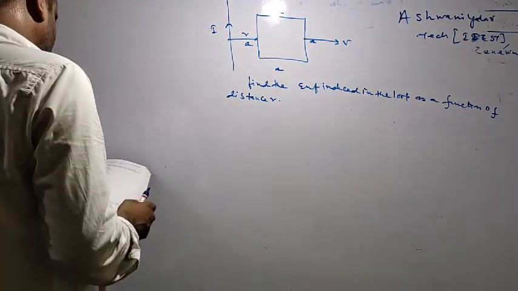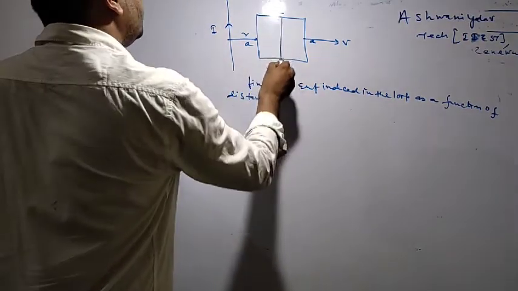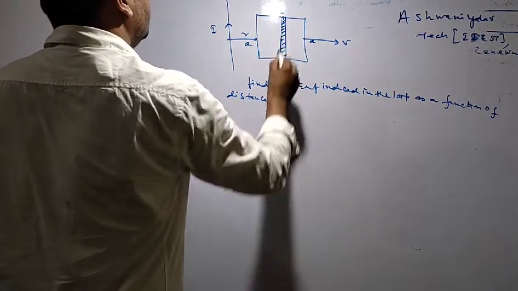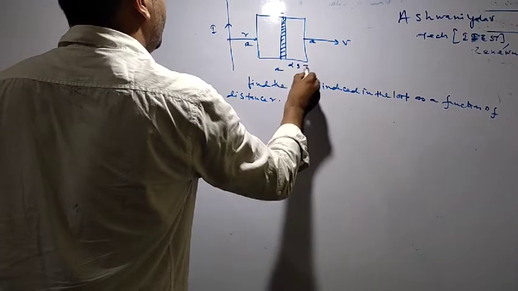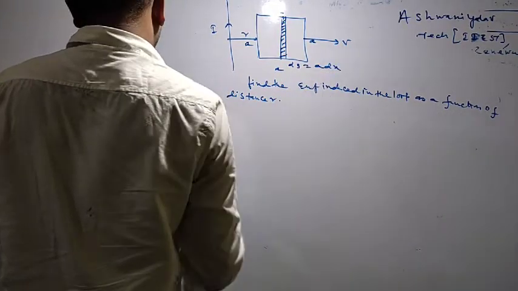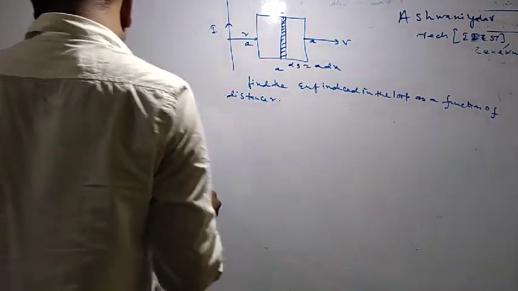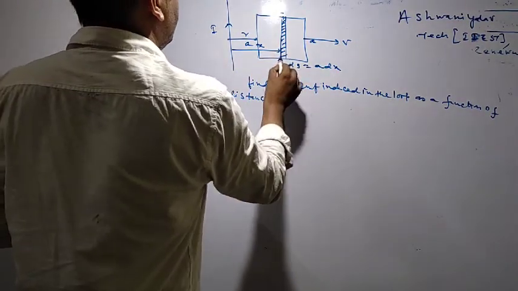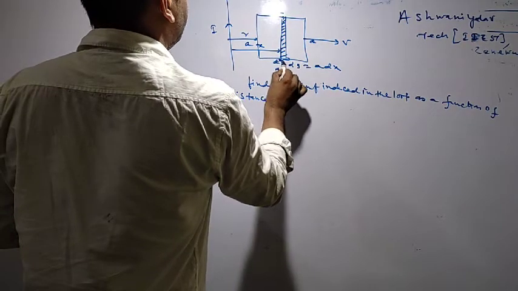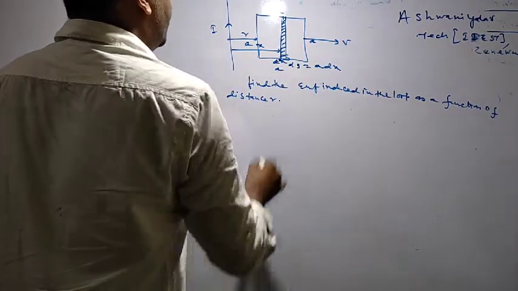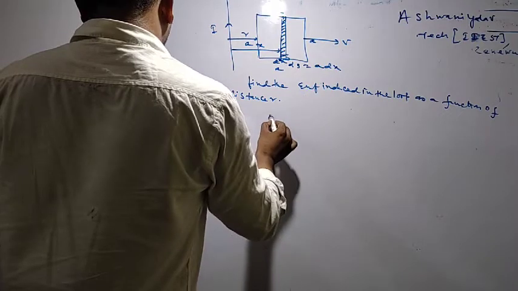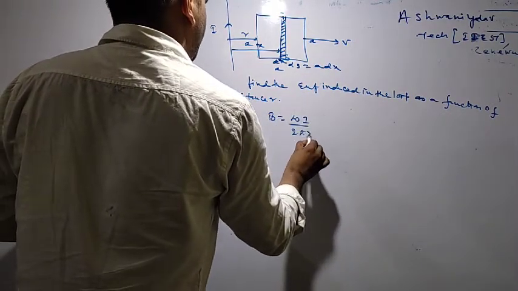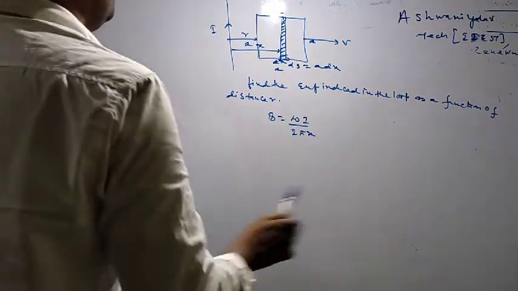Okay, again you have to take, as I previously discussed, this elementary area ds, and this is dx. Suppose this length is x, and this length is small dx. Then B is mu naught I by 2 pi x. This question is very much similar to the previous one.